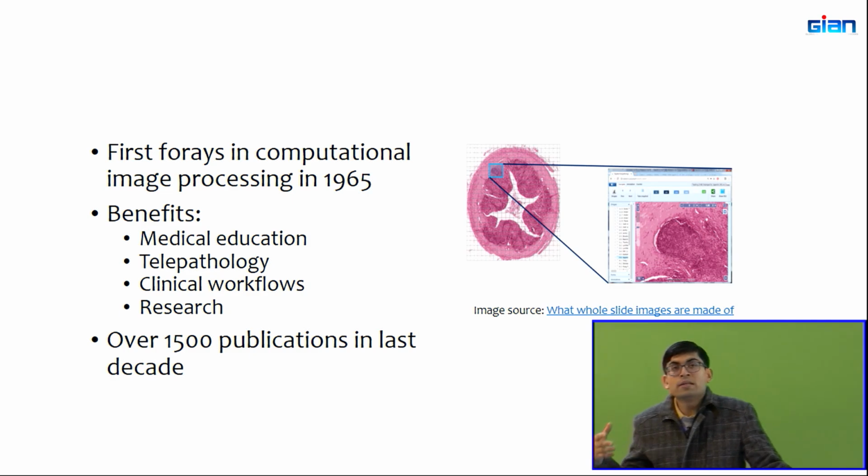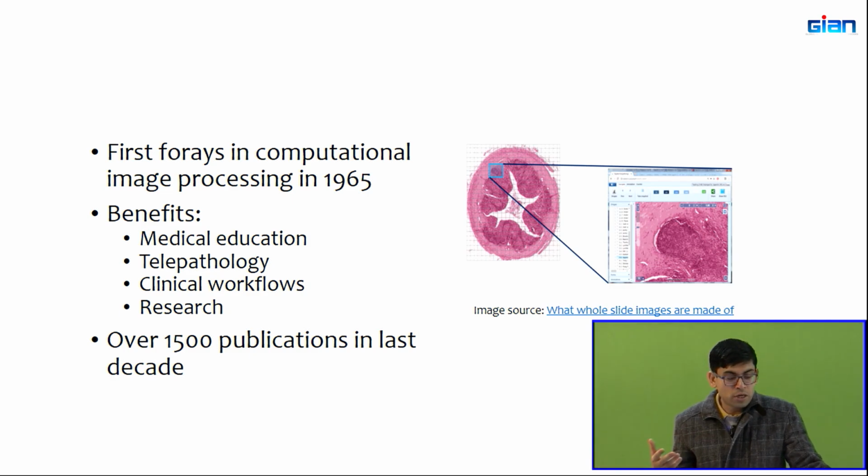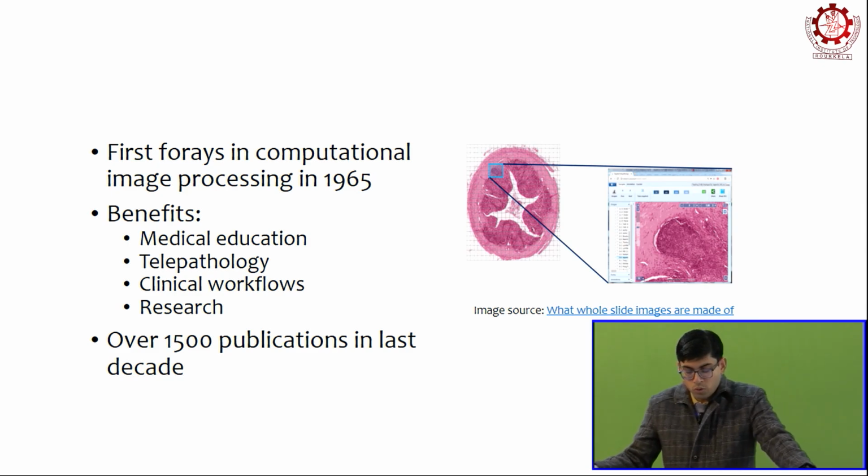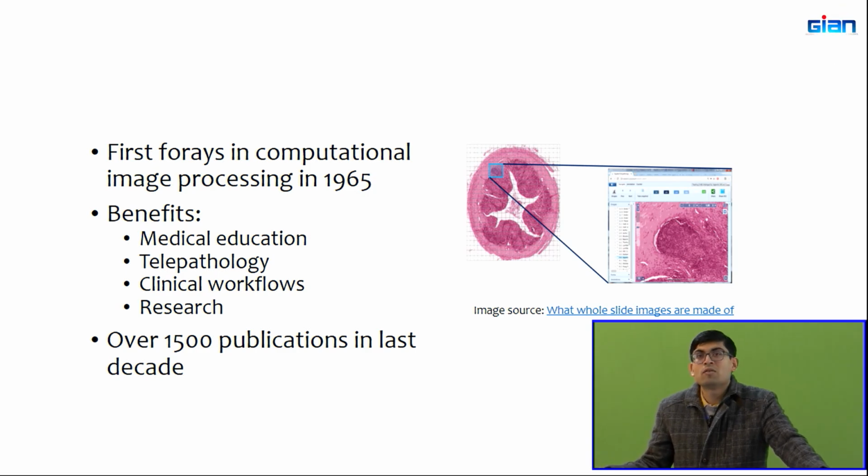So you can see how it can enable collaboration and telepathology. It can obviously improve clinical workflows and make them faster, and in research it has played a huge role in developing AI-based biomarkers for many different diseases.